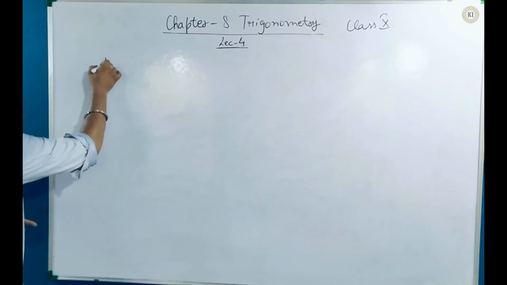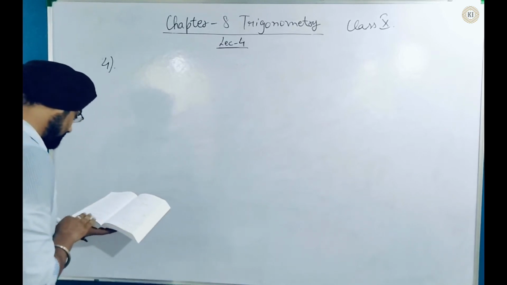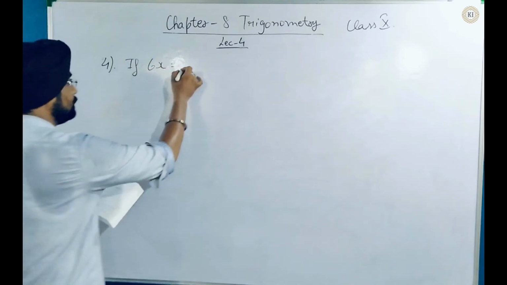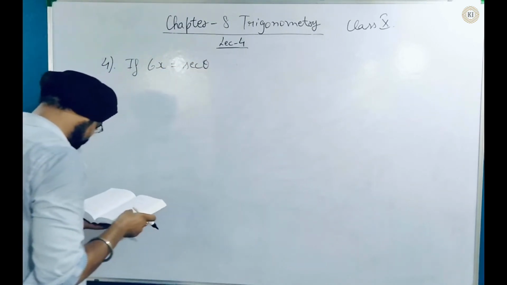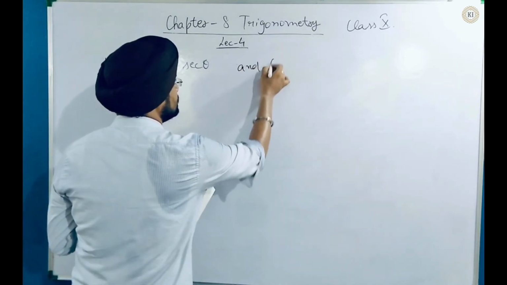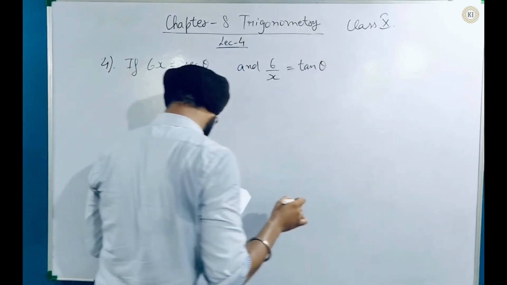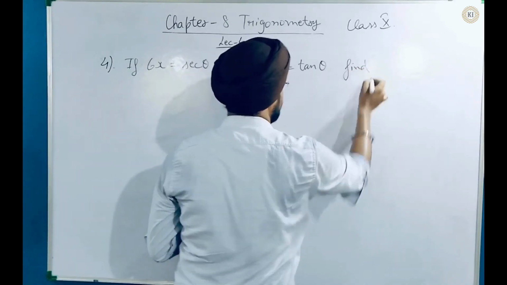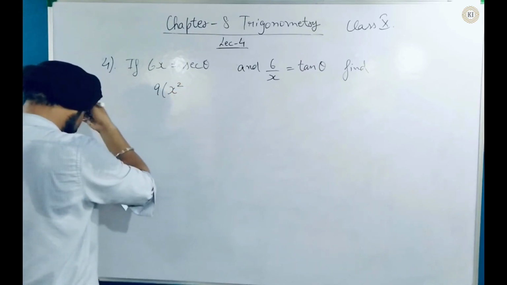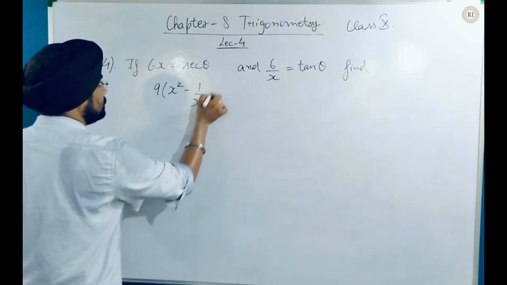Now see the next question, question number 4. It is given as: if 6x is equal to sec theta and 6 upon x is equal to tan theta, find 9 times x square minus 1 upon x square.